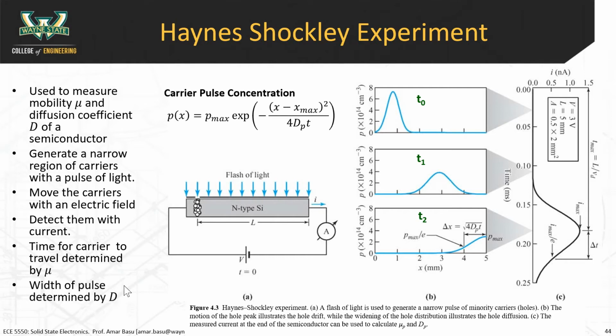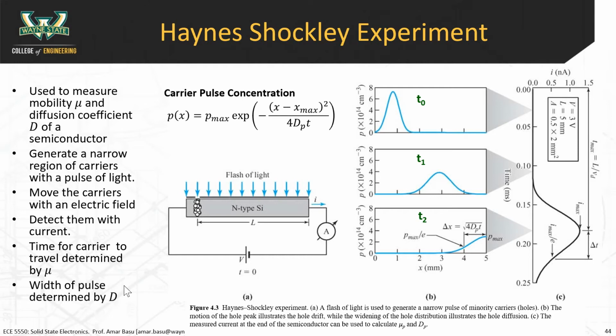In the first module in the class, remember I talked about how people are researching new types of materials like graphene and carbon nanotubes, low dimensional materials, high mobility materials. The mobility is one of the first constants that people are interested in when they're examining these new materials, especially these days, because everything is about high speed these days.